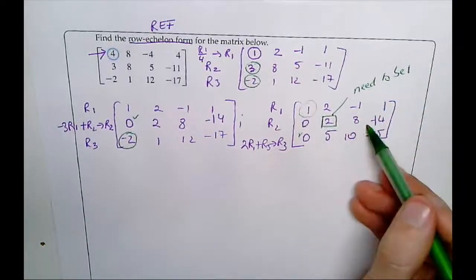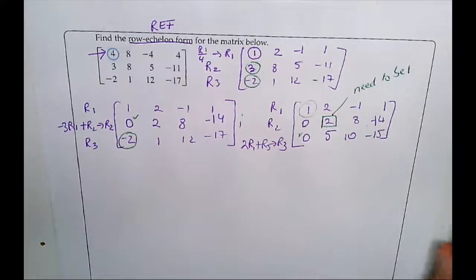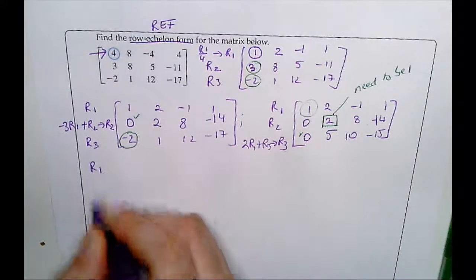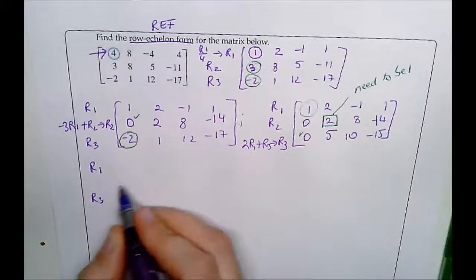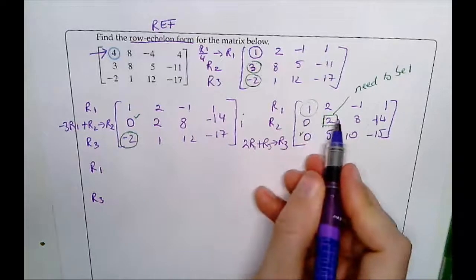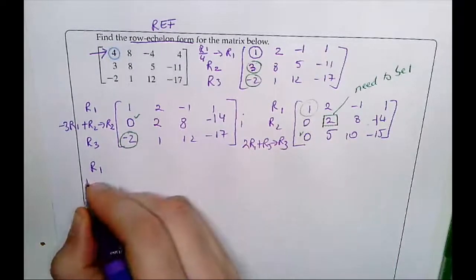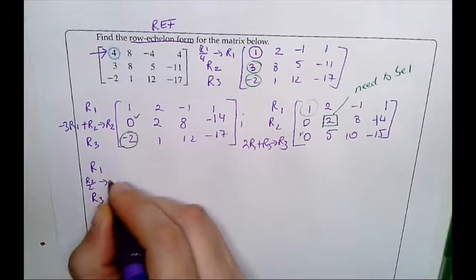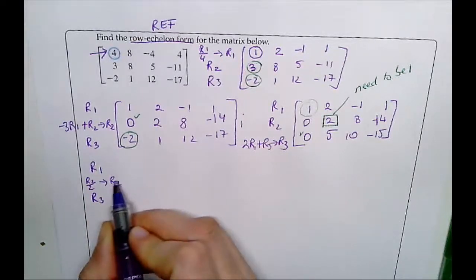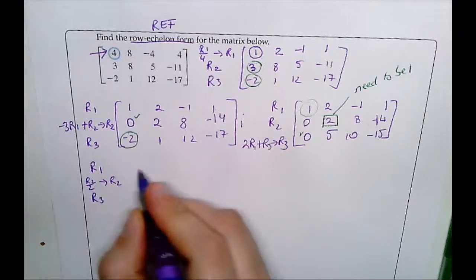Well, I can divide row 2 by 2. So row 1 stays the same, row 3 stays the same. And then instead of row 2, I need this to be a 1, so I need to divide it by 2. So row 2 becomes row 2 divided by 2.